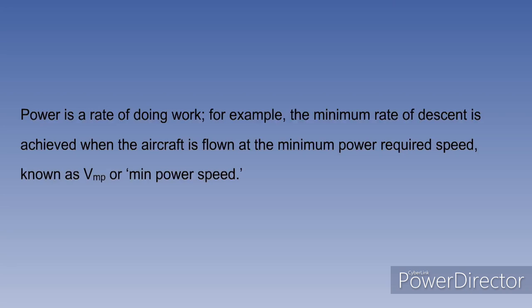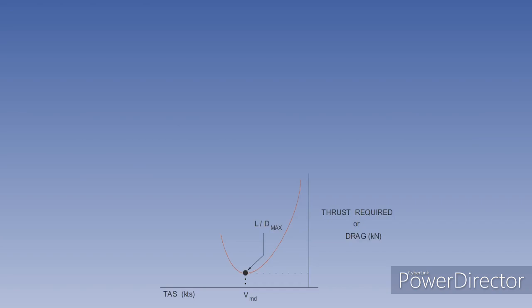These considerations and other associated factors are covered in detail in the lessons on aircraft performance and flight mechanics. The diagrams on the screen represent data for one particular aircraft in level flight at one weight, and at sea level where IAS equals TAS.